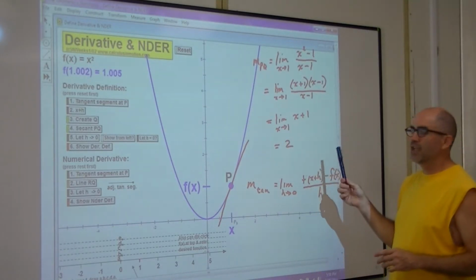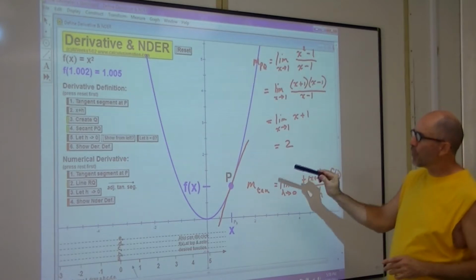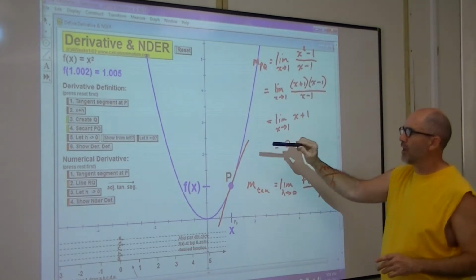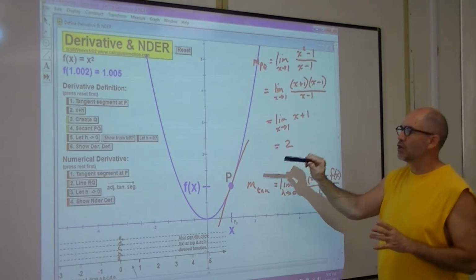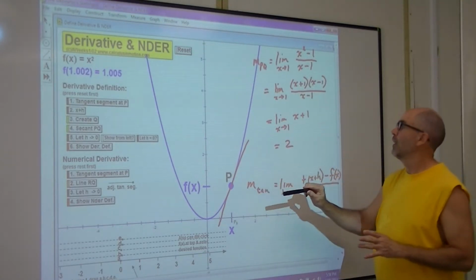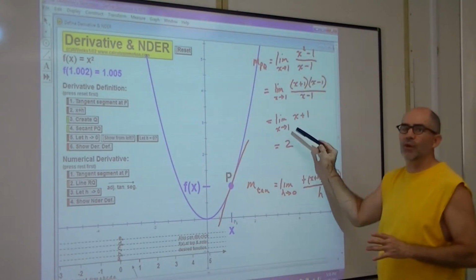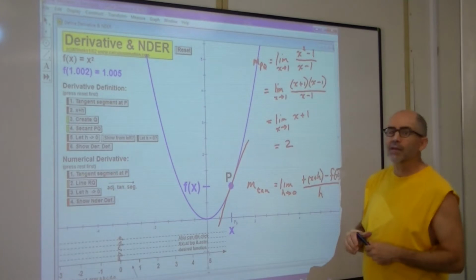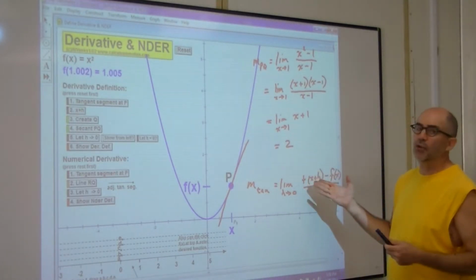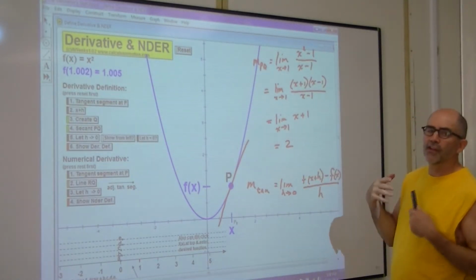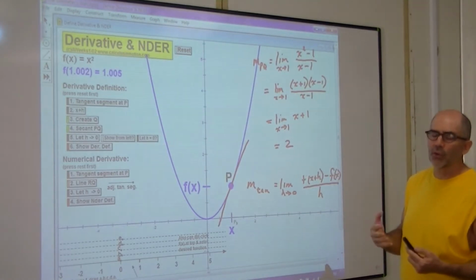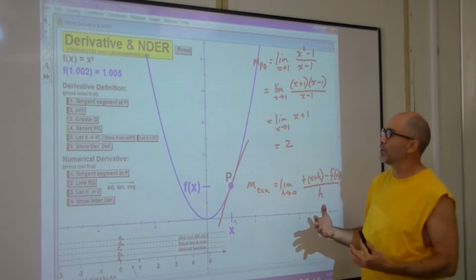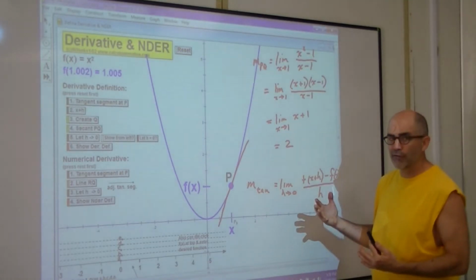Now, here's the deal. In order for us to understand how to evaluate the slope of a tangent to a curve, we need to understand how to deal with limits. Now, fortunately for you, I've been talking about limits since you were in Algebra 2. So this is not a foreign concept as it would be to some poor math students that didn't have quite a phenomenal teacher as you have.